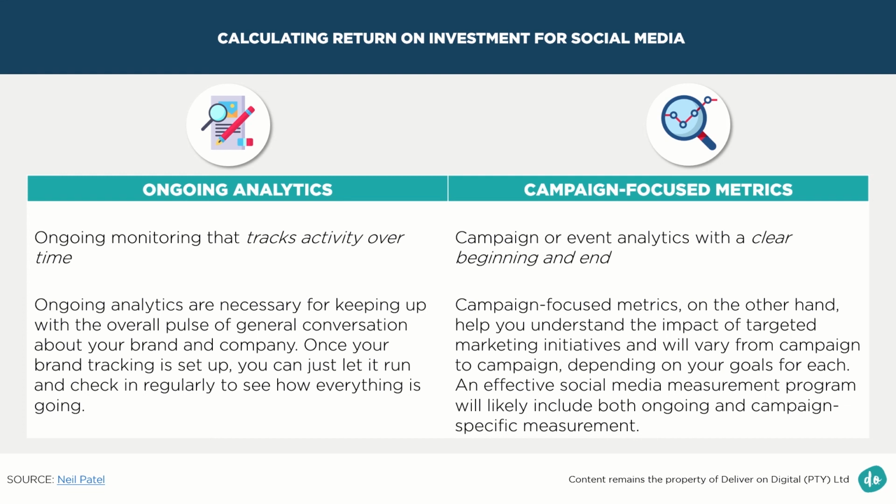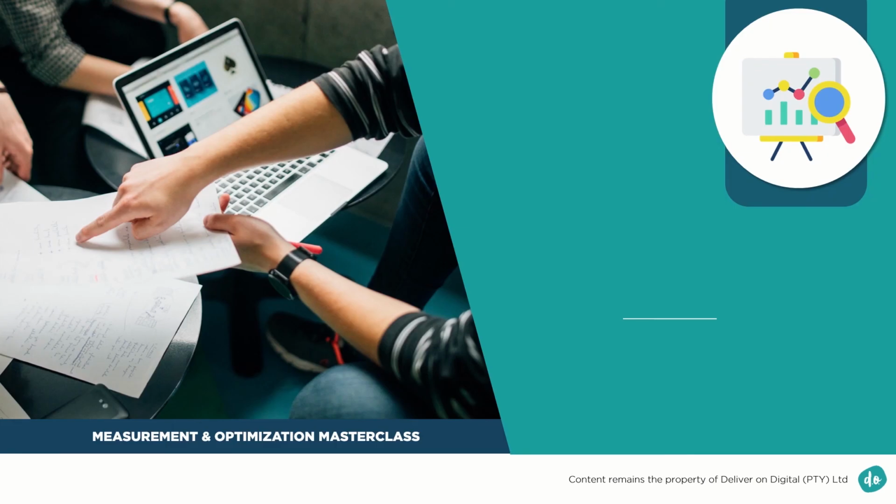Then there's a little bit of different metrics which are more campaign focused. So they have a clear start date and a clear end date, and presumably you're running a competition or campaign of some description. And so this will help you to understand the impact of targeted marketing initiatives and will vary from campaign to campaign. So you can really run a variety of different campaigns over a period and determine which is delivering best for your KPI.